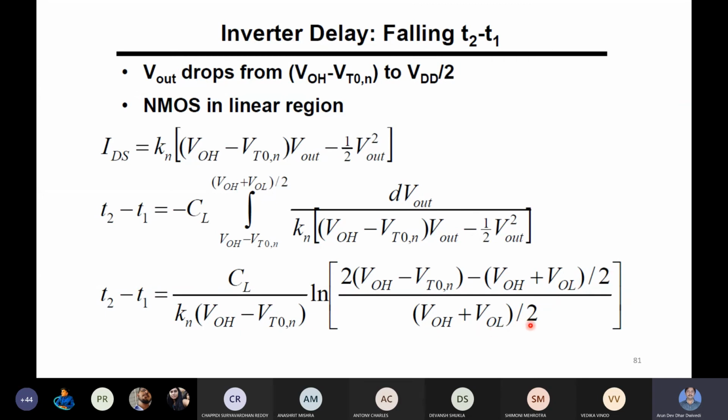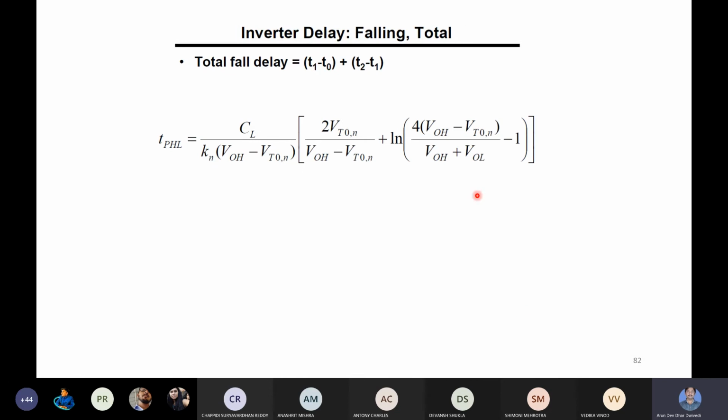This is the term. Similarly we can also calculate the delay for the falling edge. The delay for the falling edge is obtained when both the times, T1 minus T0 and T2 minus T1, are added together.